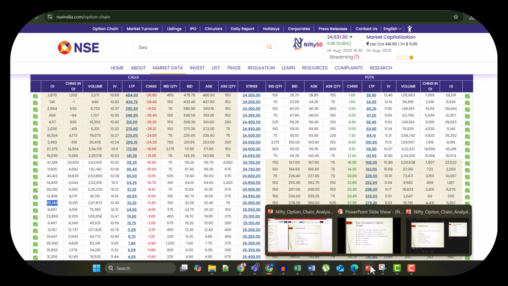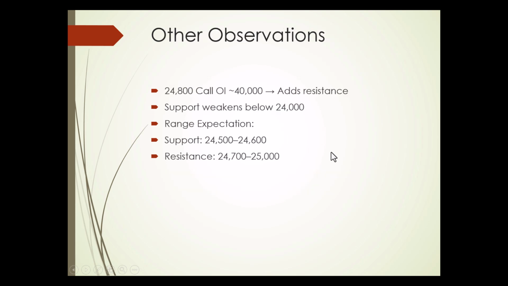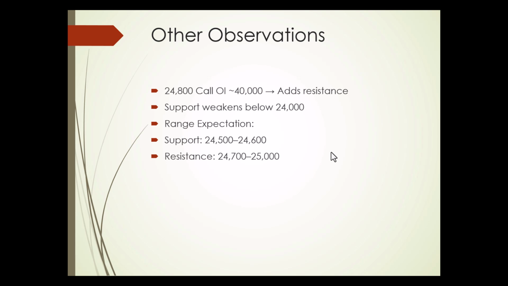Other observations: at 24,800, call OI is around 40,000 contracts, adding another resistance layer. Below 24,000, put OI starts decreasing, which means support becomes weaker below that level. So in summary, the heaviest put OI is between 24,500 and 24,600, while the heaviest call OI is between 24,700 and 25,000. This creates a clear range bound market expectation.